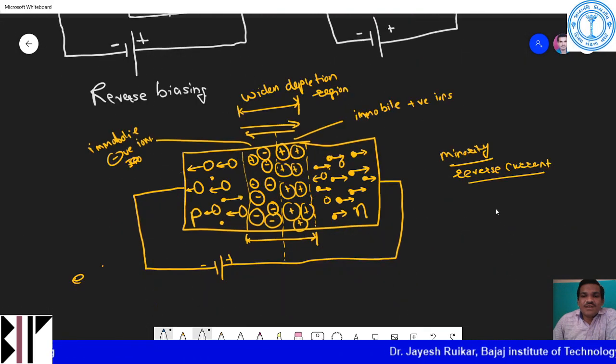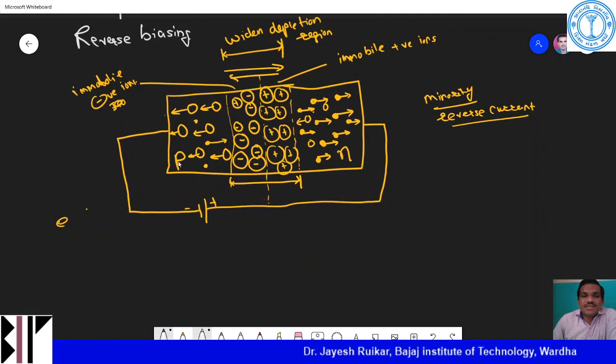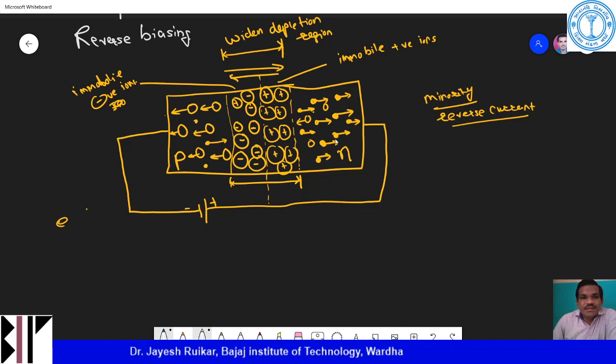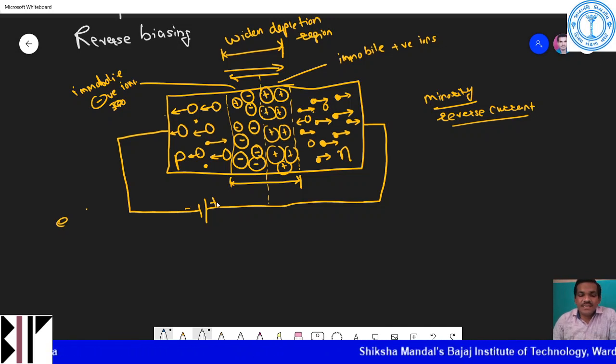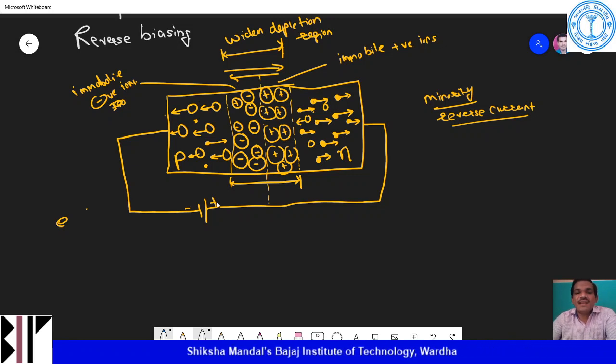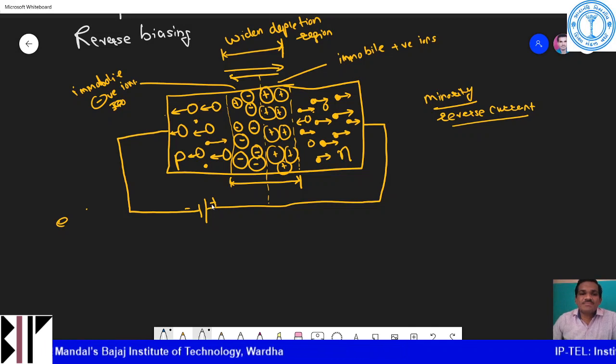Now if you see the reverse bias condition of the PN junction diode, the P region is connected to the negative terminal of the battery and the N region is connected to the positive terminal of the battery. What happens? The holes in the P region are attracted towards the negative terminal, and the electrons from the N region are attracted towards the positive terminal of the battery.